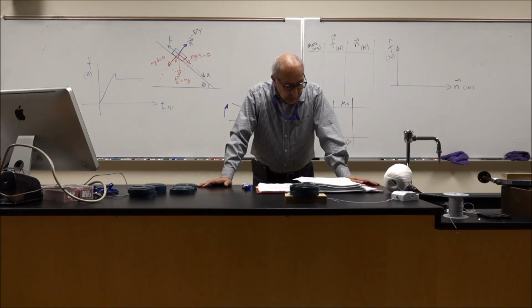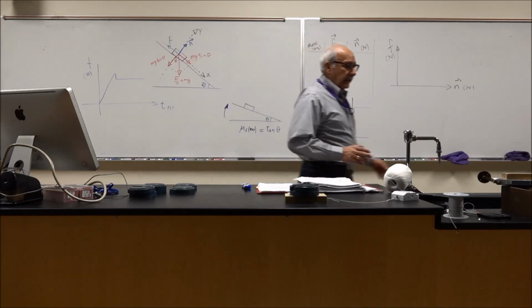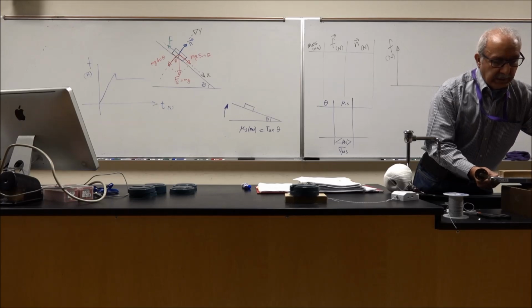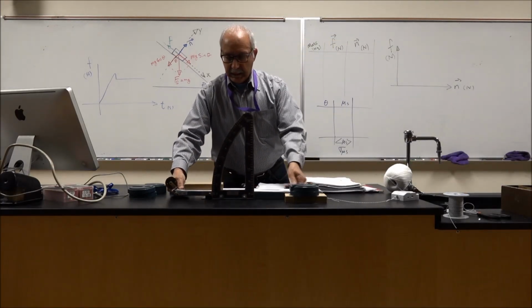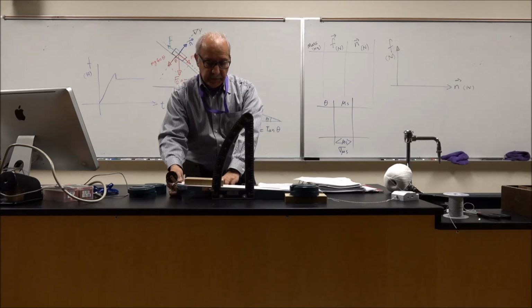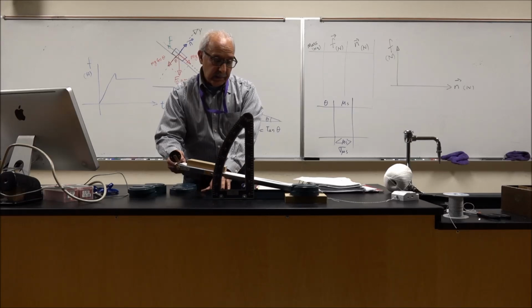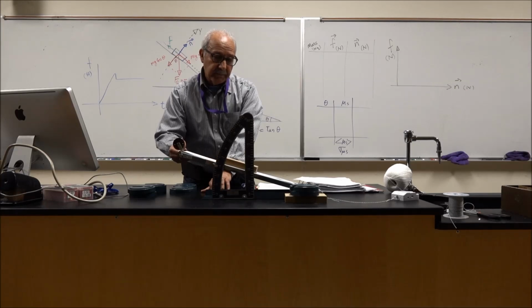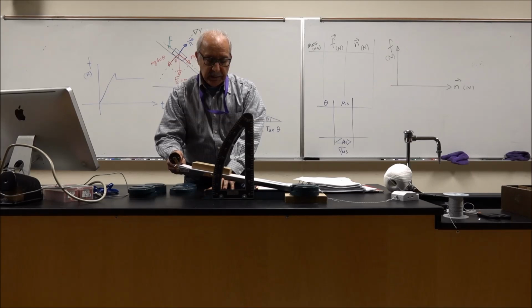The third part of the experiment is using an inclined surface, excuse me, and raising the angle until the block starts moving. We are just going to increase the angle and read the angle at the point that the block starts moving.